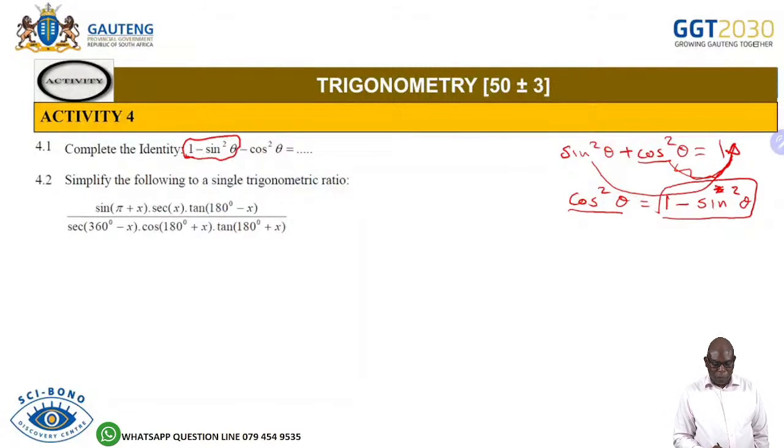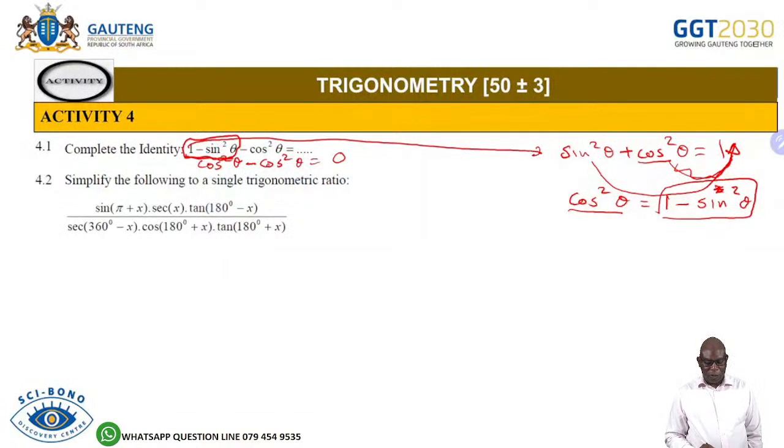In the place of 1 minus sine squared theta, I can put cos squared of theta minus this cos squared theta, and the answer is 0. Very simple. Or I can replace it the other way: sine squared theta plus cos squared theta minus sine squared theta minus cos squared theta. Sine squared theta minus sine squared theta, cos squared theta minus cos squared theta. So the answer is 0.